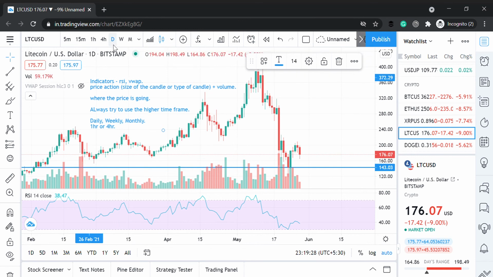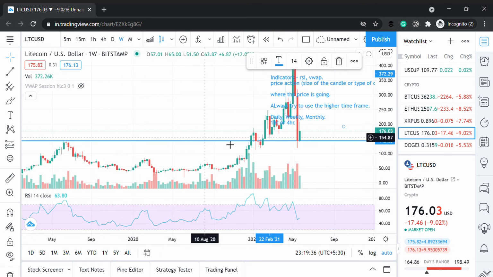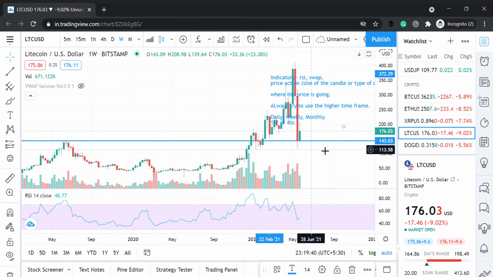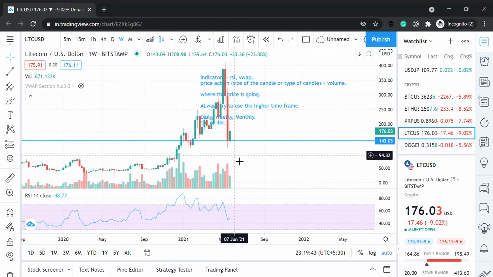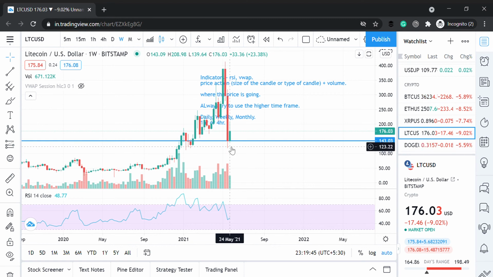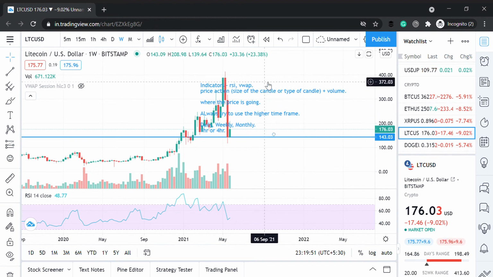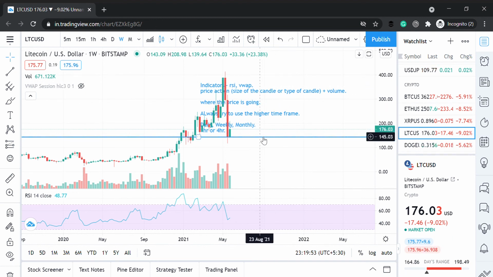So this was a daily chart, and when we switch to the weekly chart, we see this chart like this. See, again on our support, the price came about 4 times, or you can say 3.5 times, and it landed on our support and then went up.